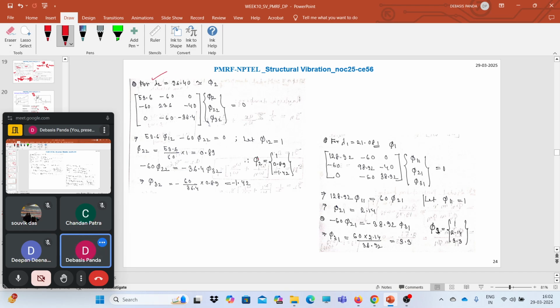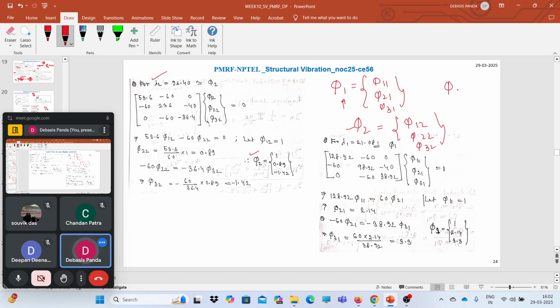That means you will get phi 2, and phi 1. So now we have phi 1, that means the first mode shape, phi 1 1, phi 2 1, phi 3 1. We have phi 2, the second mode shape, phi 1 2, phi 2 2, phi 3 2.